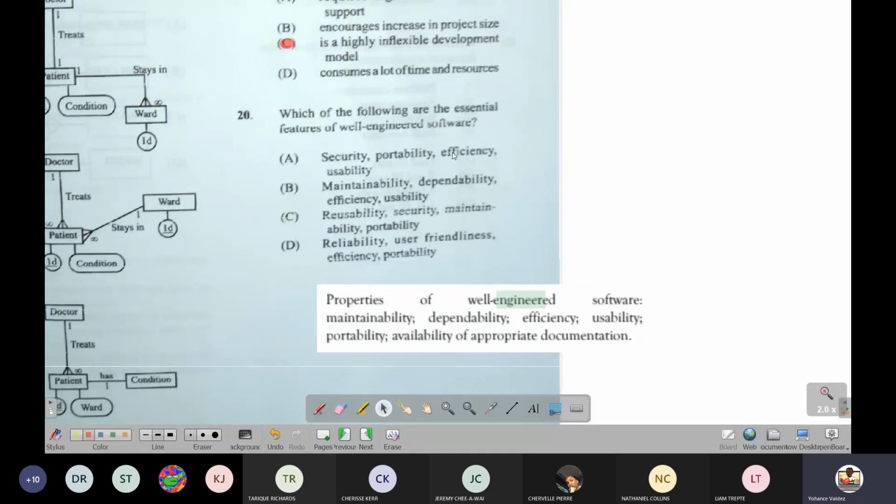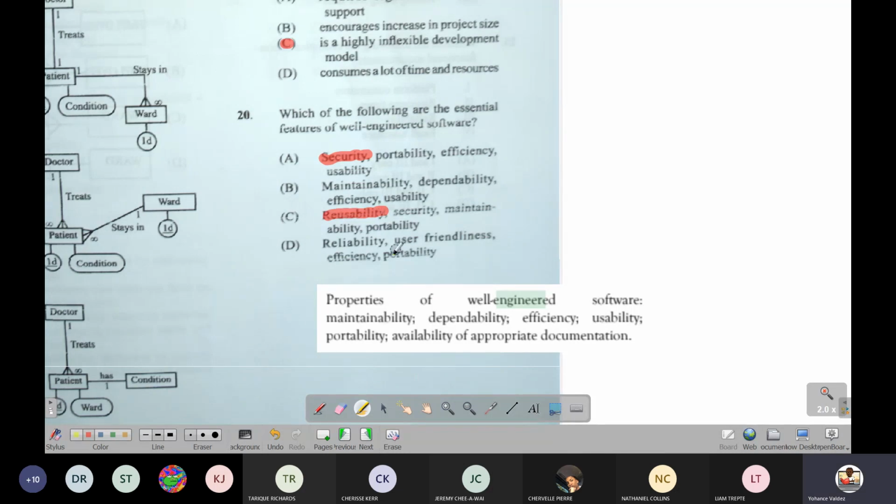So security is not one. Okay, so security is out. Okay, we have reusability is not one, right? It's usability. So reusability is out.